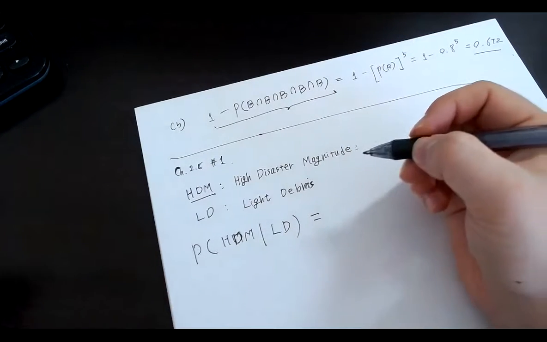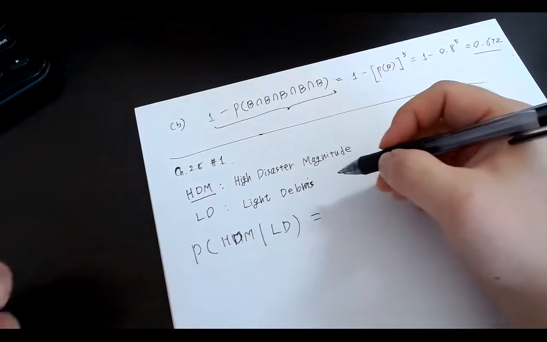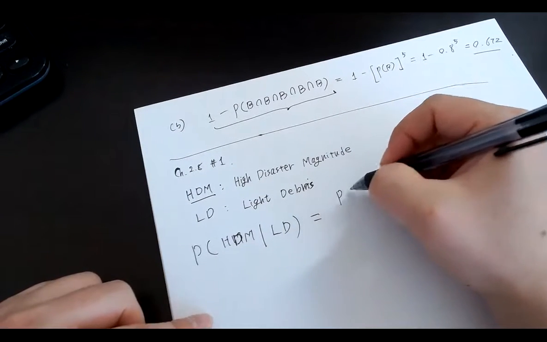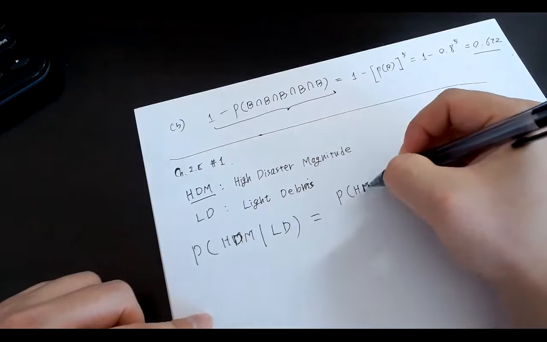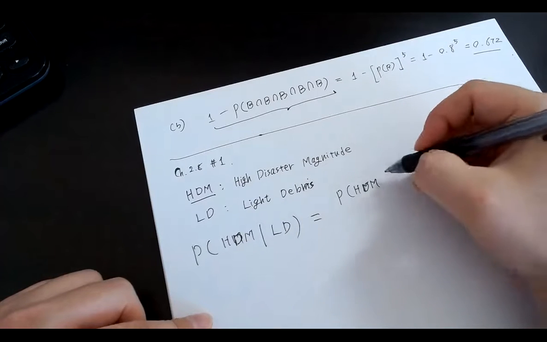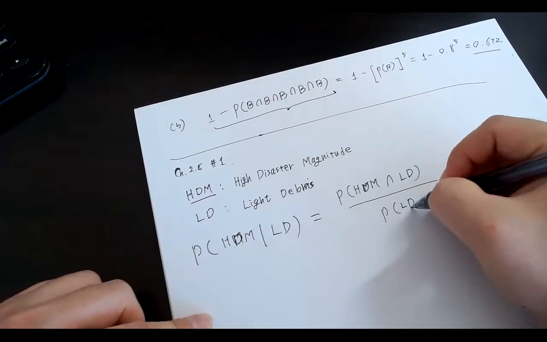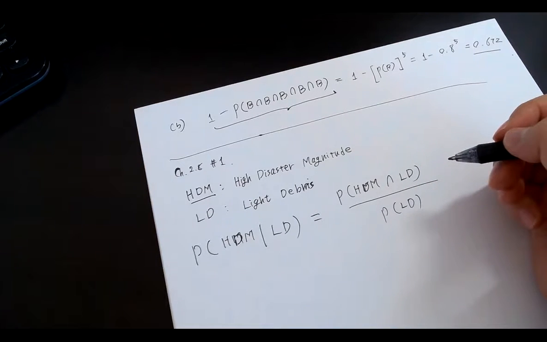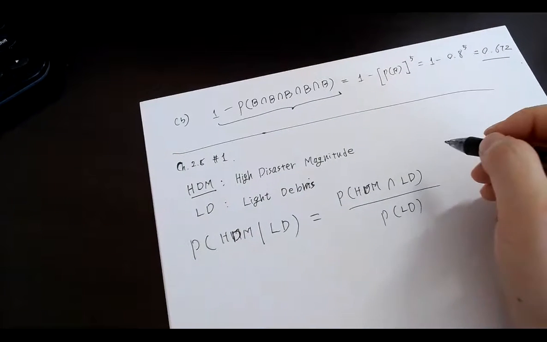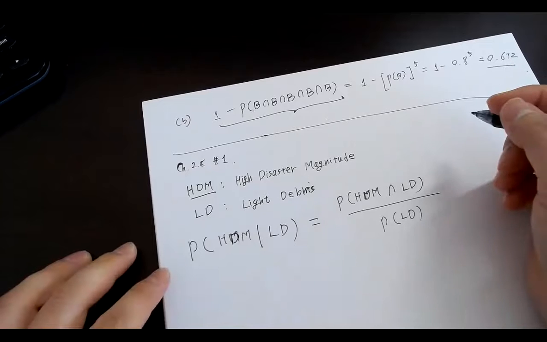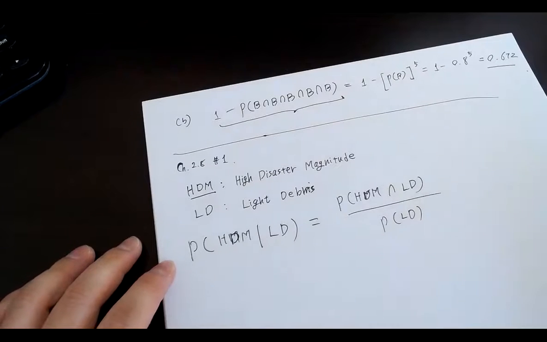Then what's the definition of conditional probability? I'm going to use the definition of conditional probability, which is the probability of HDM intersection LD, divided by the probability of LD. Why do I want to use the formula? Because the table is given, right?